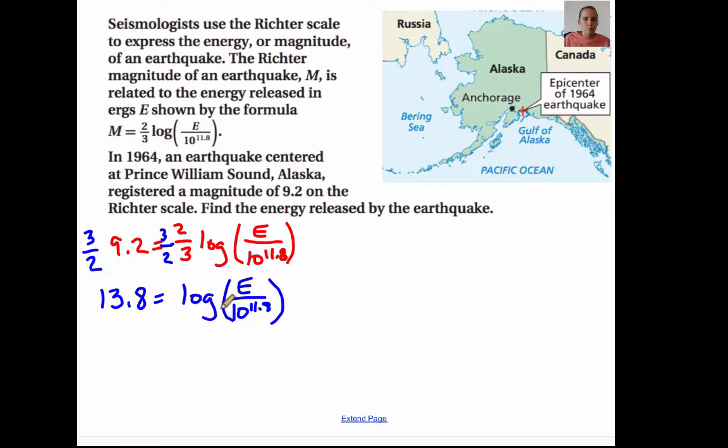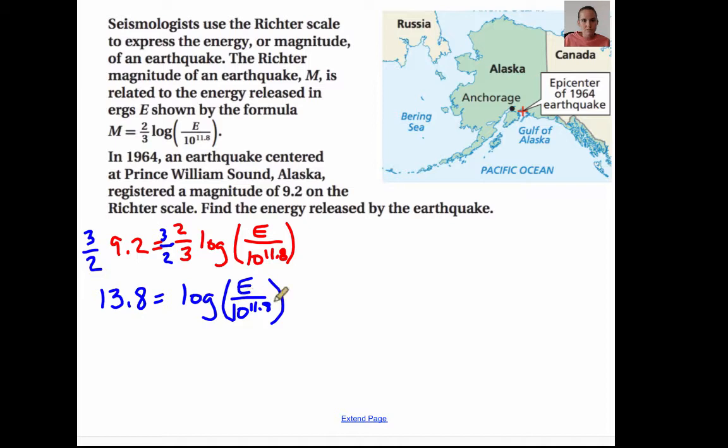Now remember, this is a base of 10 here because it's a common log. Now we're going to use another property. That one was just solving equations. You just got rid of what was on one side. We're trying to get everything away from E. But because E right now is part of this entire log, I can't just multiply here because I've got log glued to it. So I need to split these up.